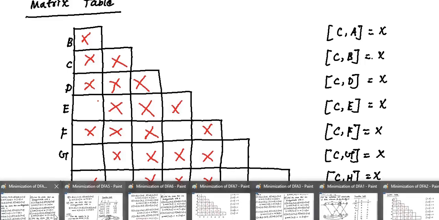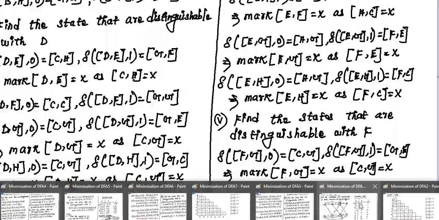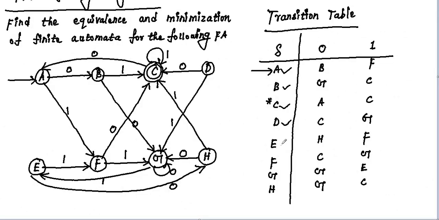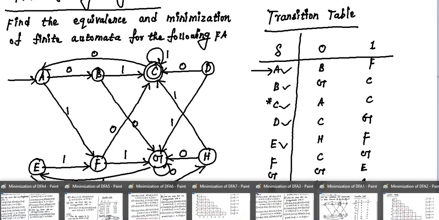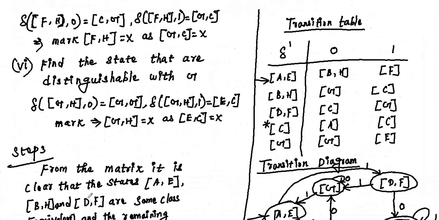Next step, distinguishable with F. Find the states that are distinguishable with F. See the transition table, here we have done the part distinguishable with E, then here distinguishable with F. So now take the pair FG, FH. FG and apply input 0, 1 and after that FH and apply input 0, 1.